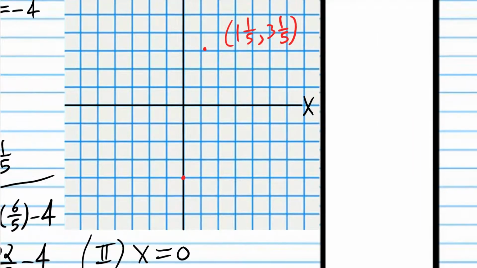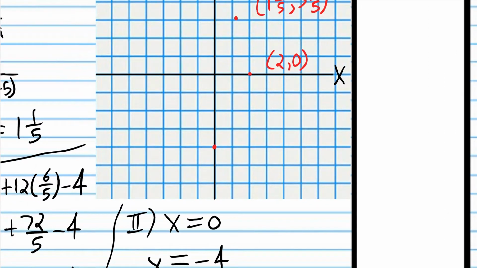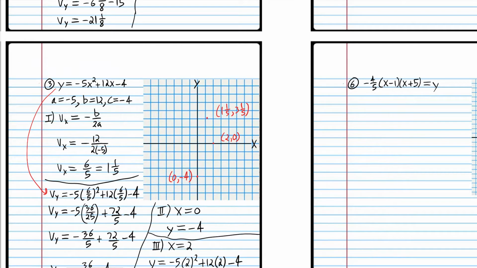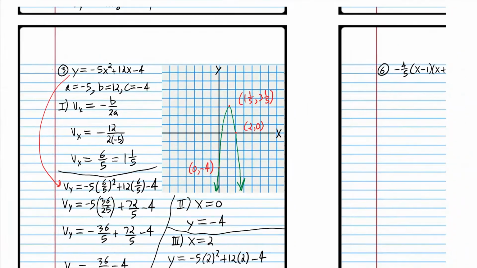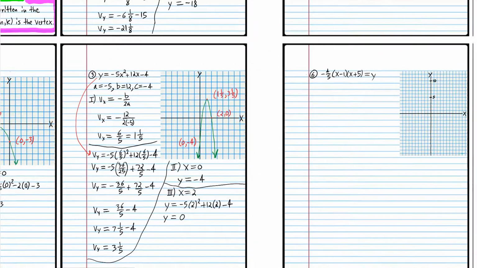So we have 2, 0, which would be about here. And this point was 0, -4. So again, we're not using symmetry here because those two other points have different y values. So this is a pretty steep parabola. And there you go. So if you got something like that, good job.